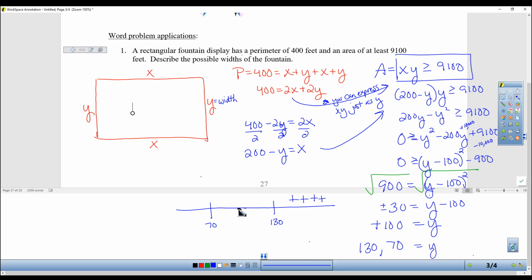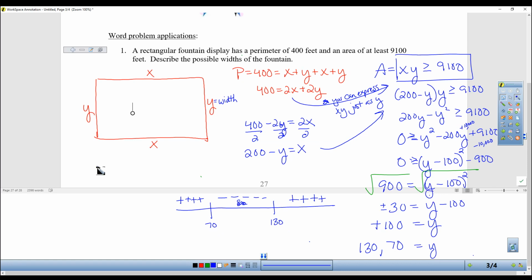But if you try a number like 80, then 80 minus 100 is negative 20 squared, which is 400 minus 900, which is going to be negative, which is less than 0. And if we try a number over here, it's going to come out to be positive. So the answers that work are the ones between 70 and 130.